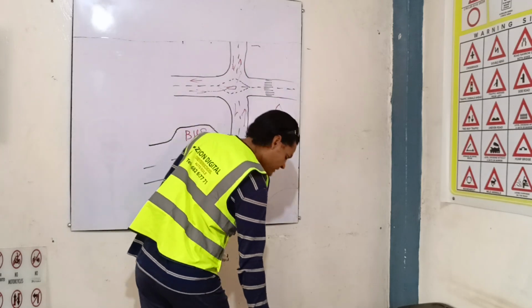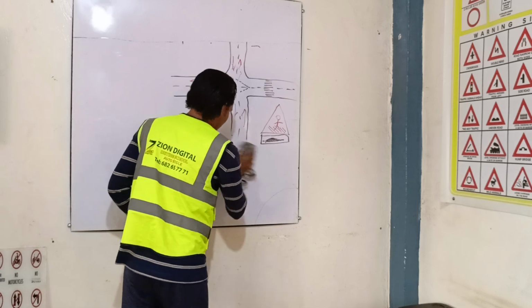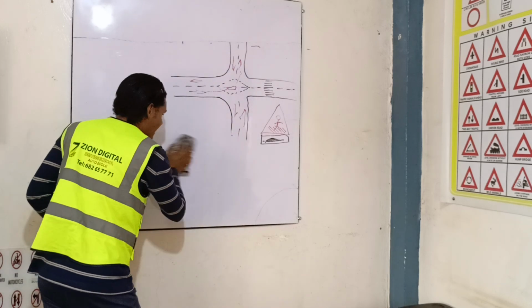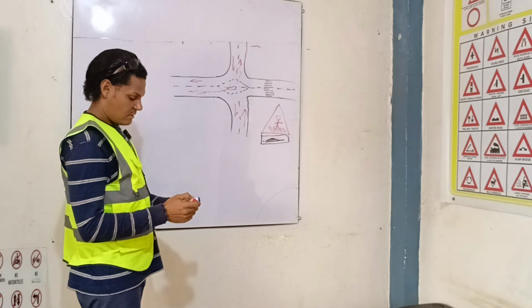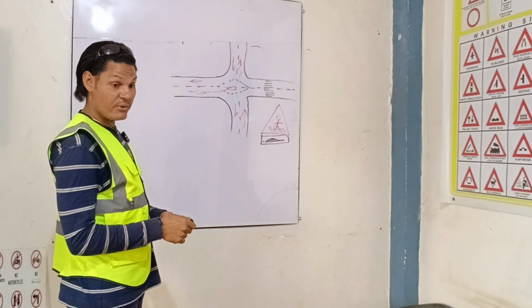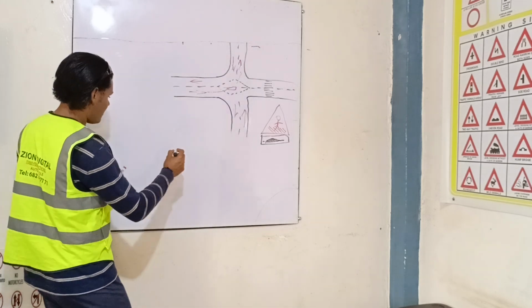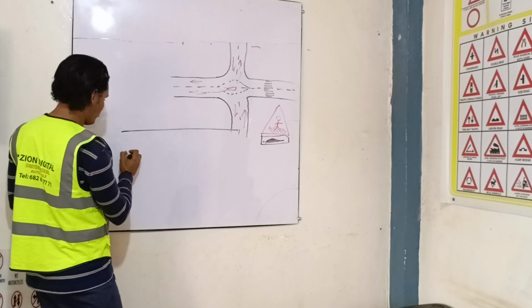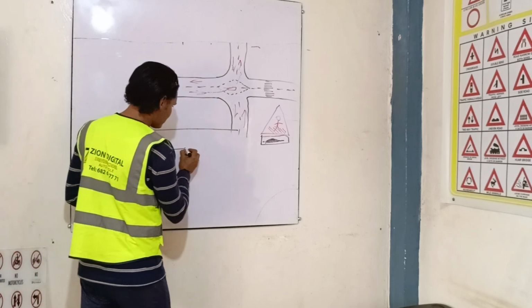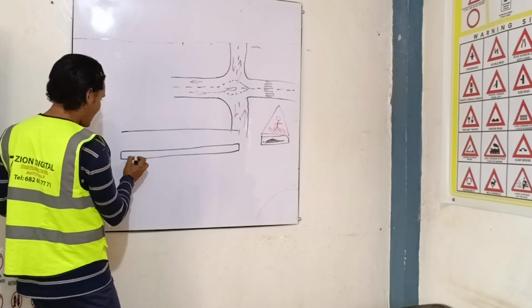Central reservations are built, at times there are rails. Sometimes they are not there. If it's not there, then it's not there. You find them on multiple lane roads. There's this middle part that is either built high.